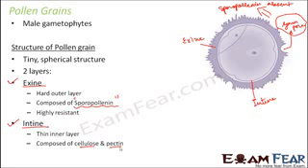Inside each sporangium, thousands of microspores are formed, because inside each sporangium you have a lot of sporogenous cells which together make the sporogenous tissue, and each sporogenous cell is going to produce 4 microspores, but there are multiple sporogenous cells, therefore there are thousands of microspores being formed. Or you can say there are thousands of pollen grains which are going to be formed inside each microsporangium. So please have that concept clear in your mind.